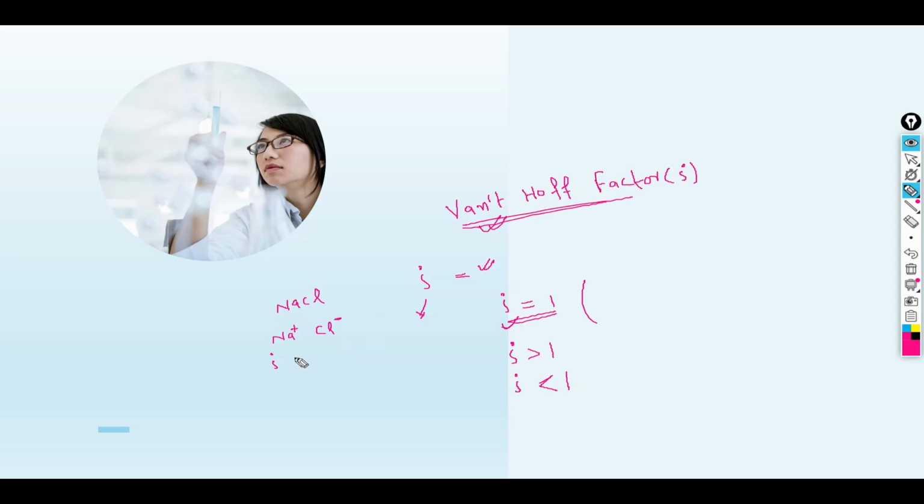If they say it is completely dissociating, the number of ions is 2, so the value of i will be equal to 2. Similarly, for some other solute, if the number of cations is 2 and anions is 1, the value of i will be equal to 3. A few more examples I will do in coming videos related with this chapter.